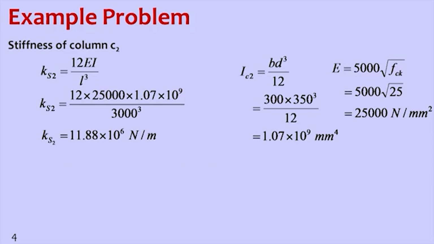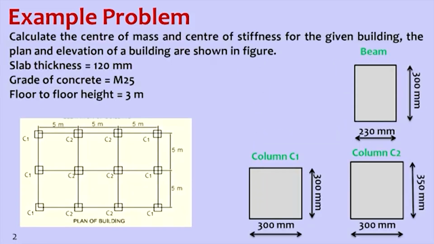So if we go to the plan, we have 6 columns of type C1 and 6 columns of type C2. So if I start numbering from here, this is column 1 and this is column 2, 3, 4, 5, 6, 7, 8, 9, 10, 11 and 12.